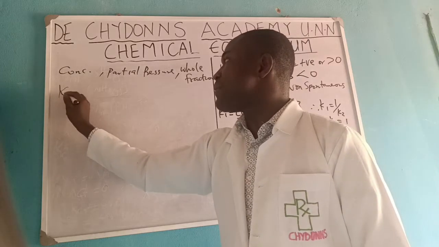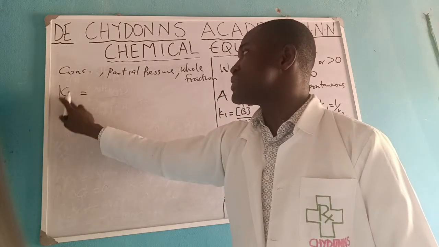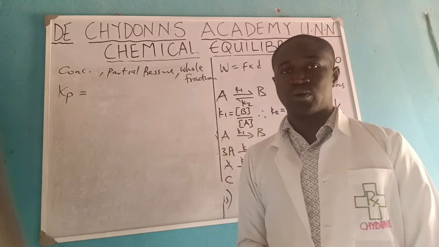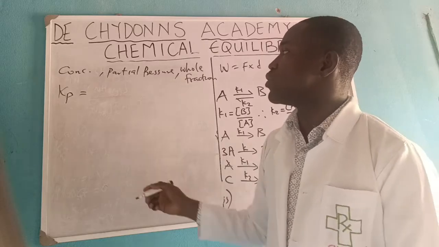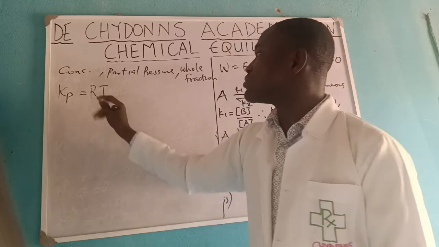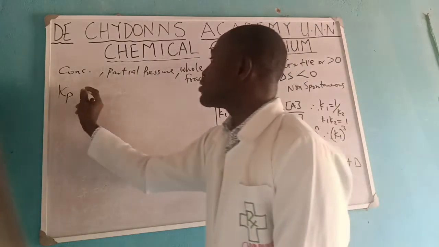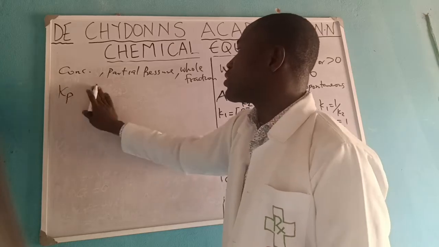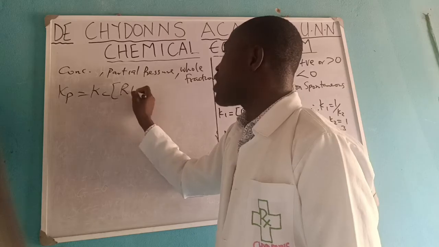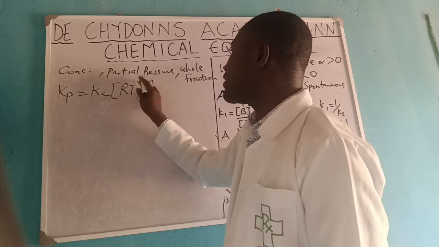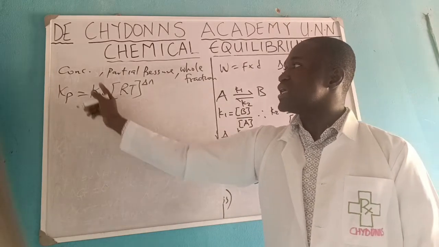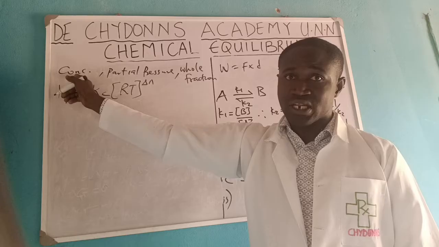For partial pressure, we say Kp. Let's say Kp, the equilibrium constant of the partial pressure. We say it is equal to Kc (RT) raised to the power of change in n, where Kc is the equilibrium constant in terms of concentration.